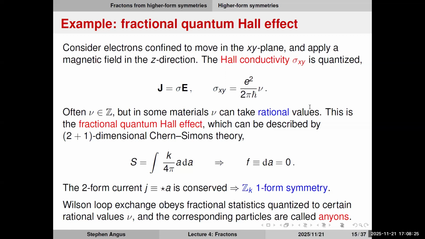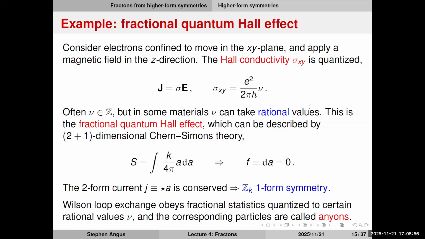And then the Wilson loops, which are the charged objects under this one-form symmetry, when we exchange them, it turns out they obey fractional statistics because we have some phase factor that's related to the number of exchanges divided by k or something like that. And that means that our statistics are what people call valued statistics, and these can be rational valued.